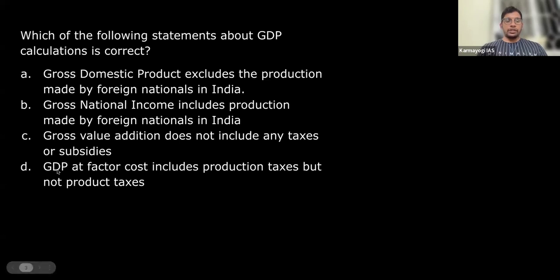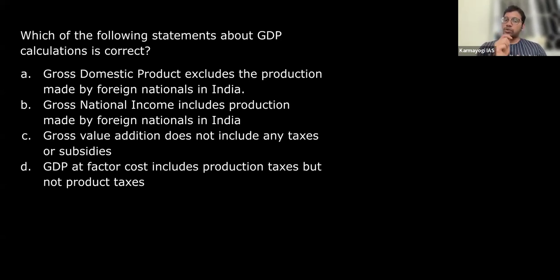Now, if you see option D, GDP at factor cost includes production taxes but not product taxes. So there are three things in the GDP calculation: GDP at factor cost, GDP at basic prices, and then GDP at market price. GDP at factor cost means the total production that has happened without including any production or product taxes. So what are production taxes and what are product taxes? This is also important.